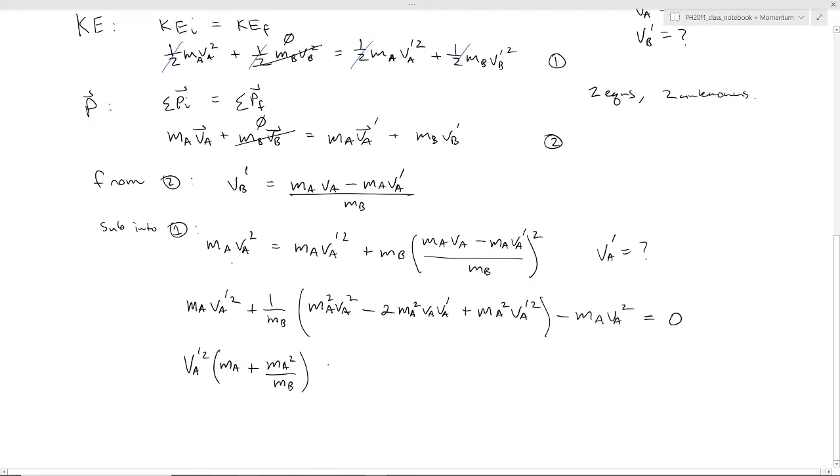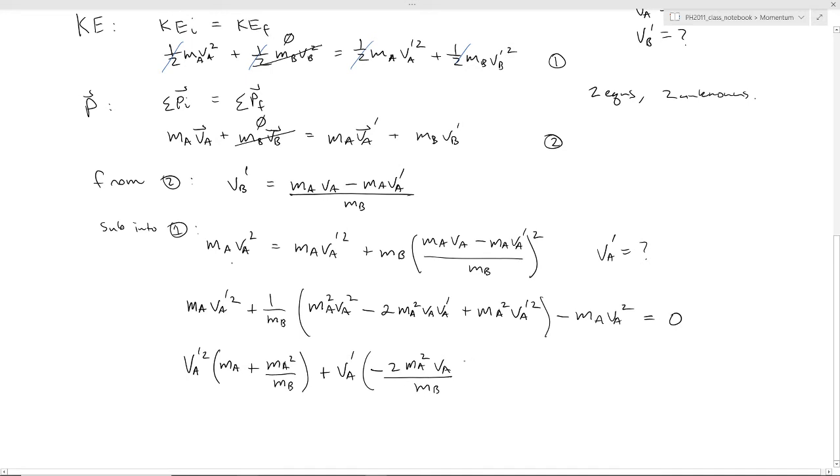And then in addition to that, we would have terms of order VA prime of order 1. So there's 1 inside of here, a factor of minus 2 MA squared VA over MB.